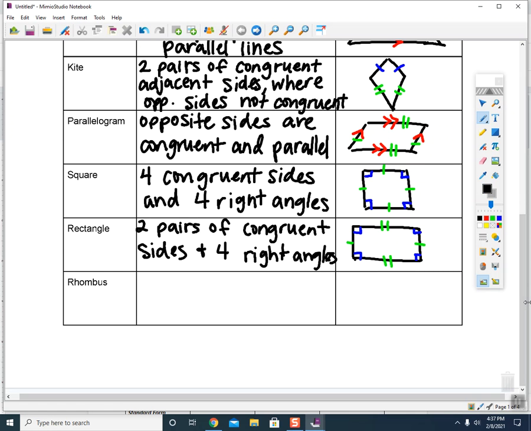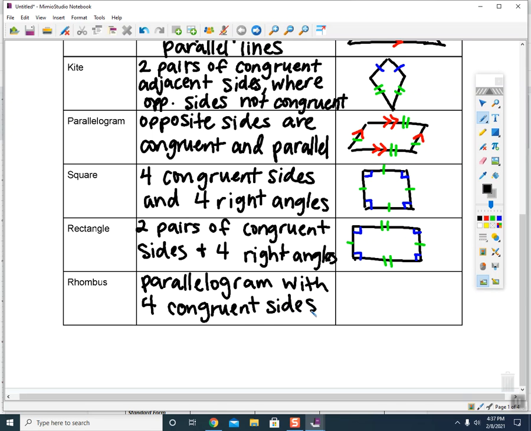The last one is a rhombus. So a rhombus is a parallelogram with 4 congruent sides. And remember, a parallelogram is when opposite sides are congruent and parallel.